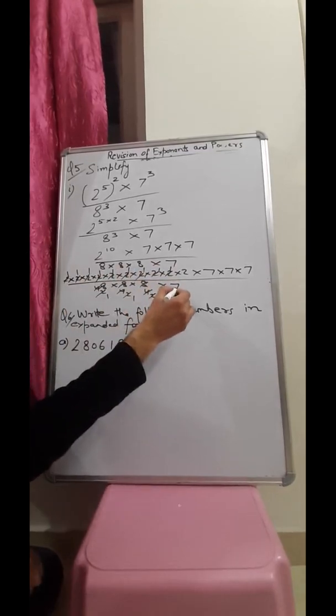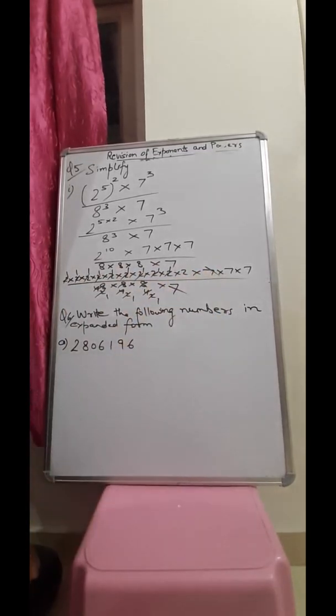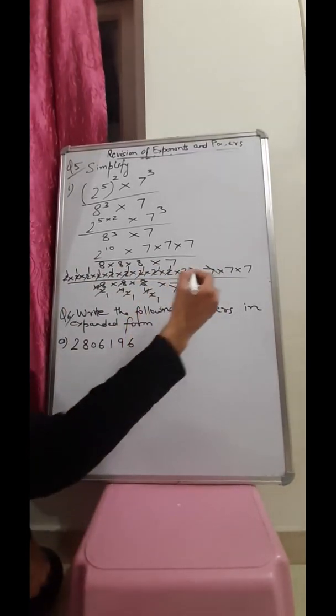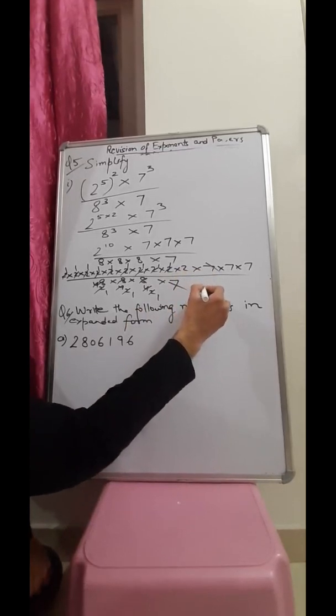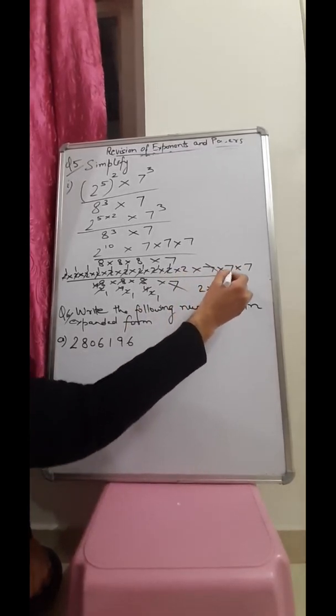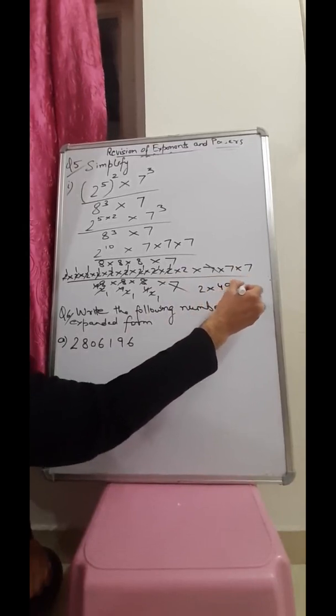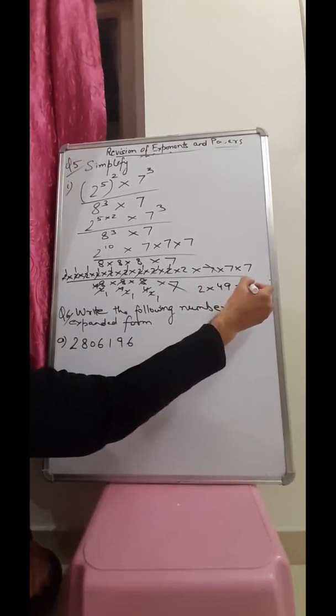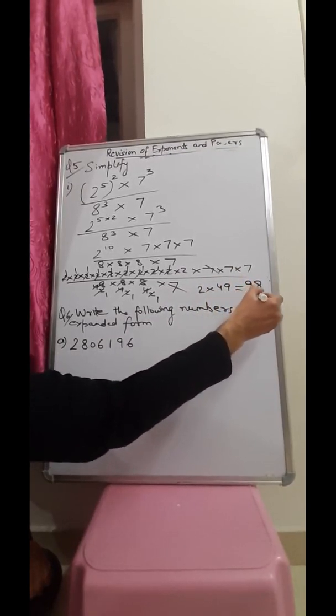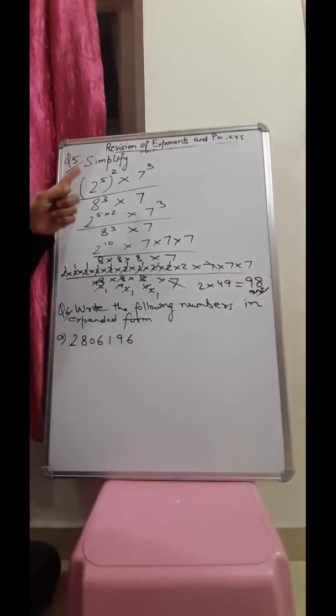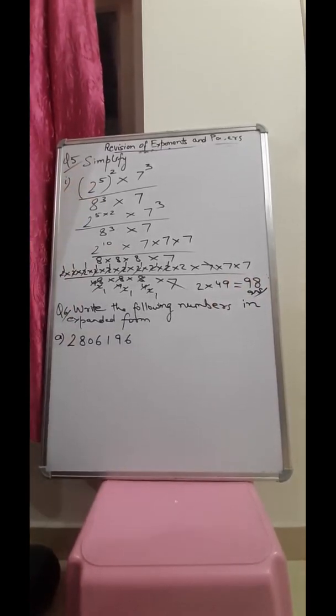Here 7 will get cancelled by 7. So the final answer you will get is 2 multiplied by 7 into 7, which gives you 49, and 2 into 49 gives you 98. In this way we can find the value of this question.